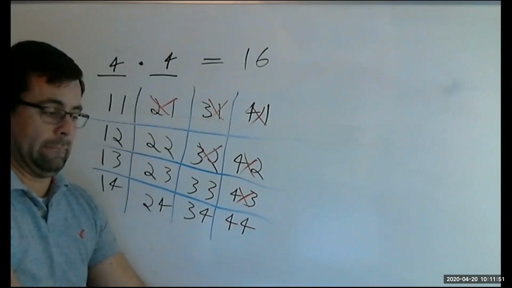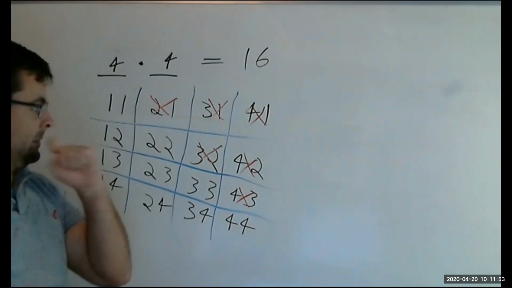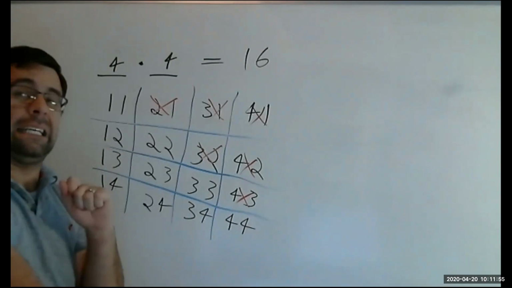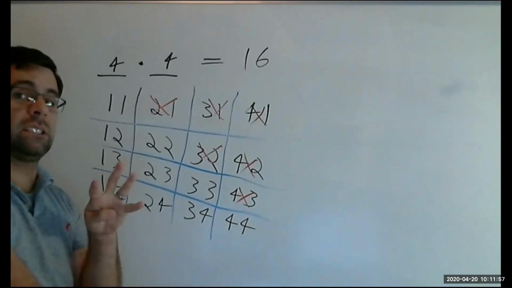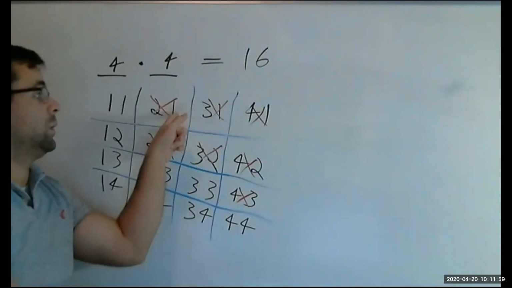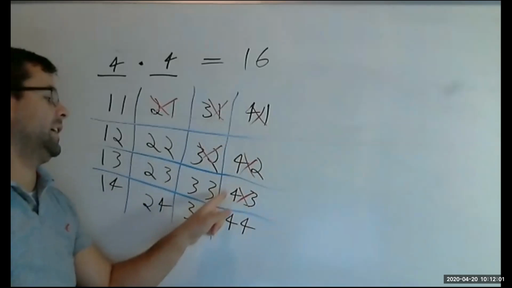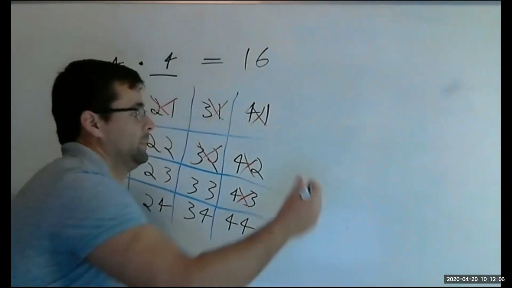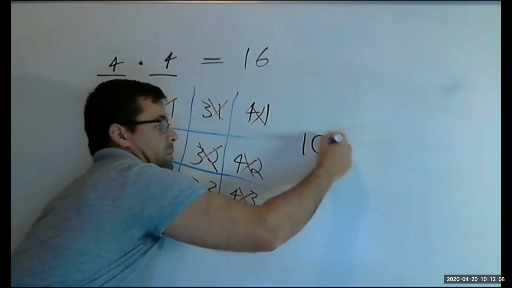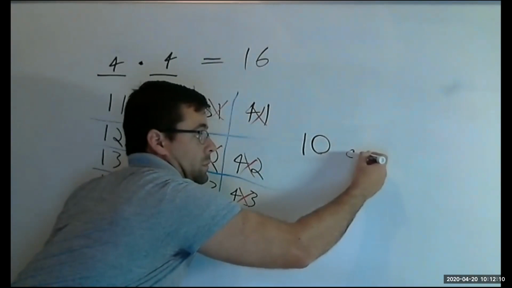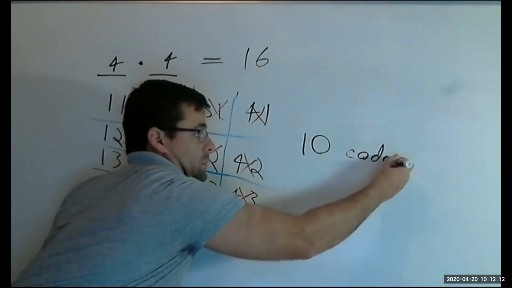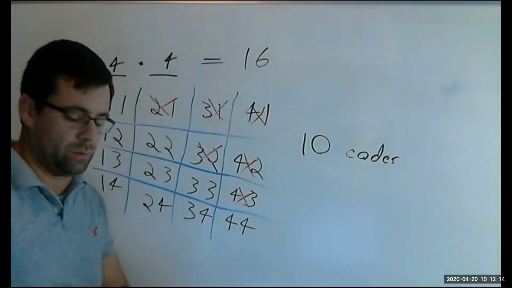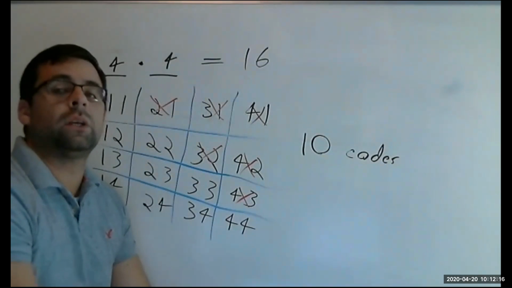We took away 6: 1, 2, 3, 4, 5, 6. So 10. You can make 10 codes with this setup.